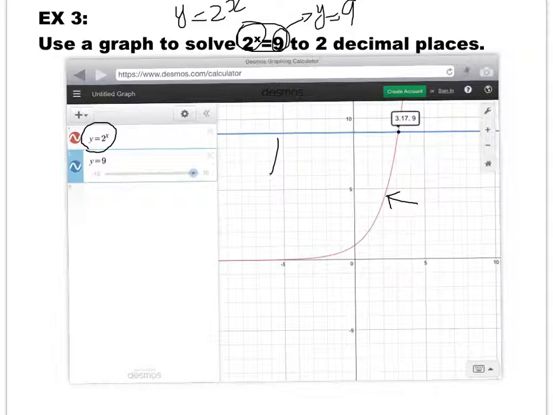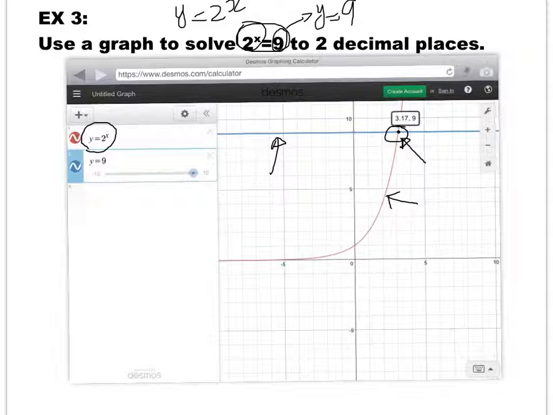Now, if you look here, the point of intersection is the value of x that we are looking for. You can see that the y coordinate is 9, which is y equal to 9, but the x coordinate is the one that we are looking for. And you can see that the x coordinate is 3.17.